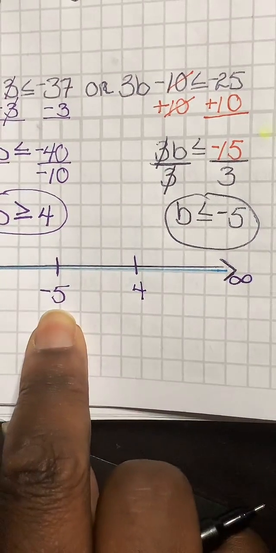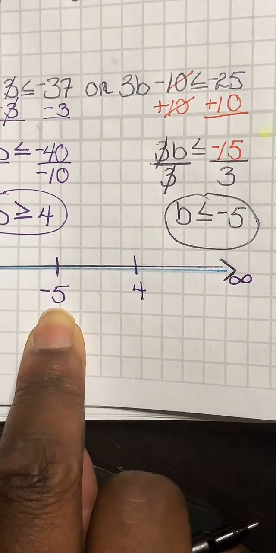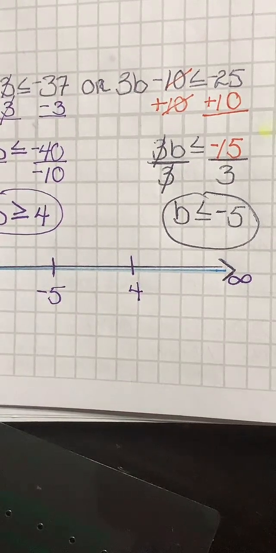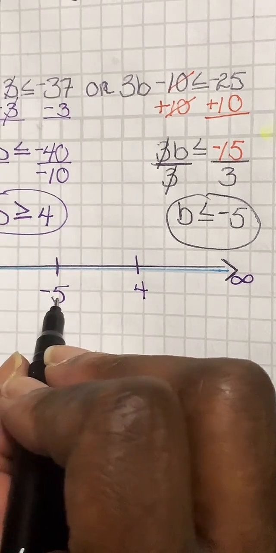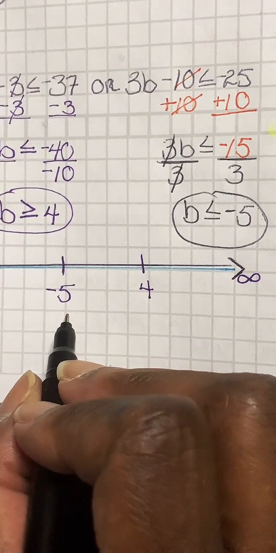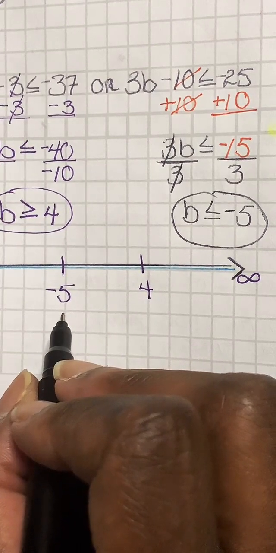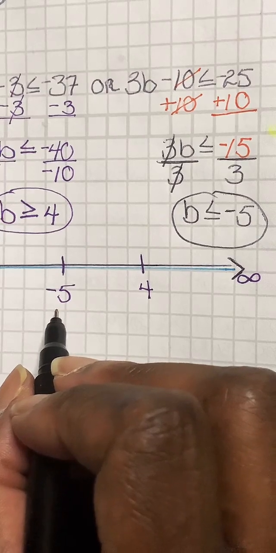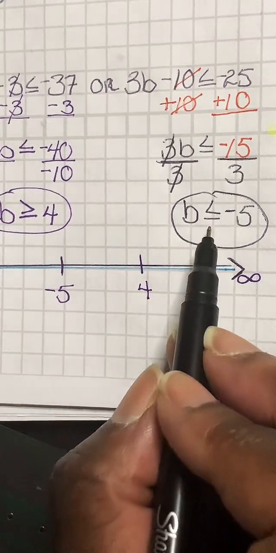Okay, on the -5, I was seeing something. Open or closed on the -5? Okay, I got closed. Good. There's a line underneath, so that means this is going to be closed.